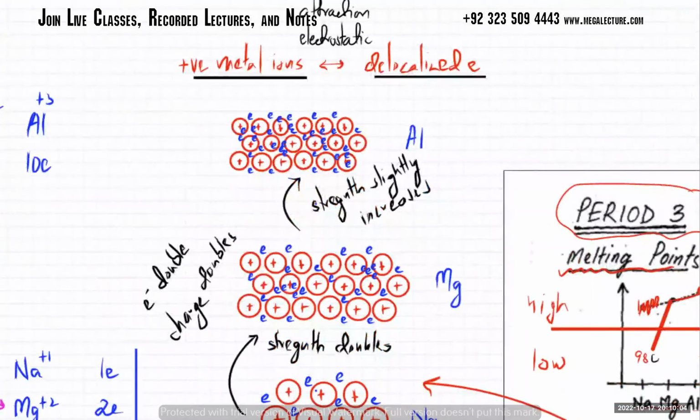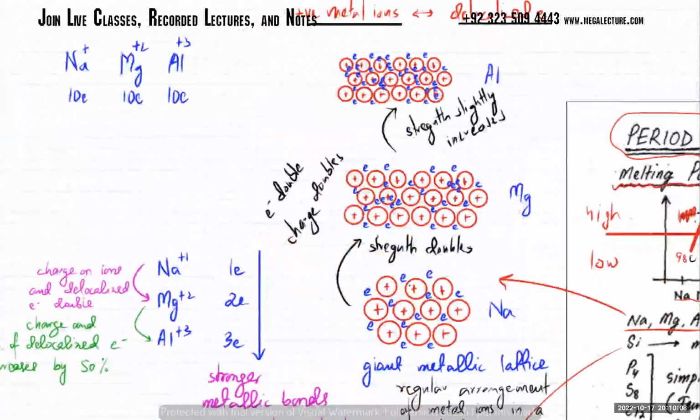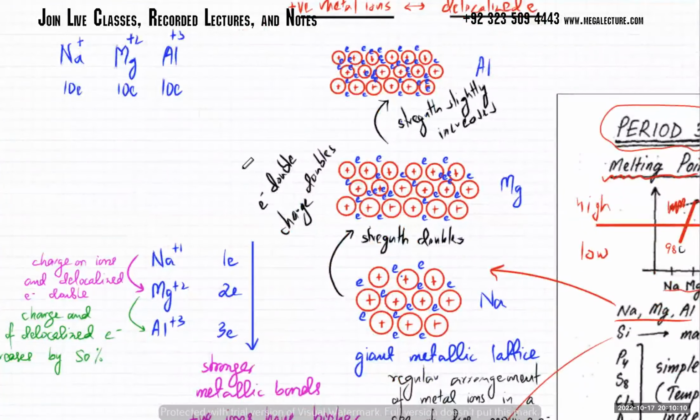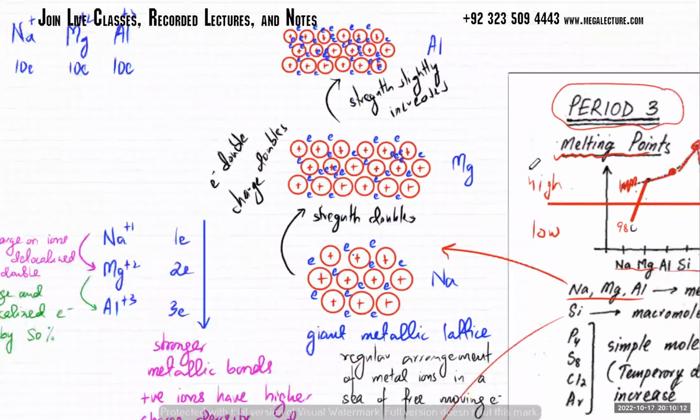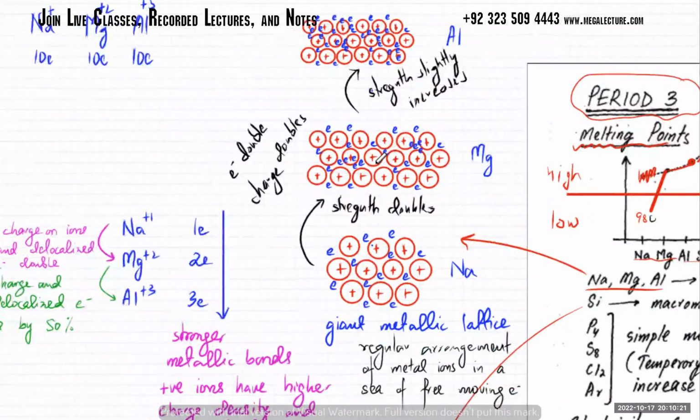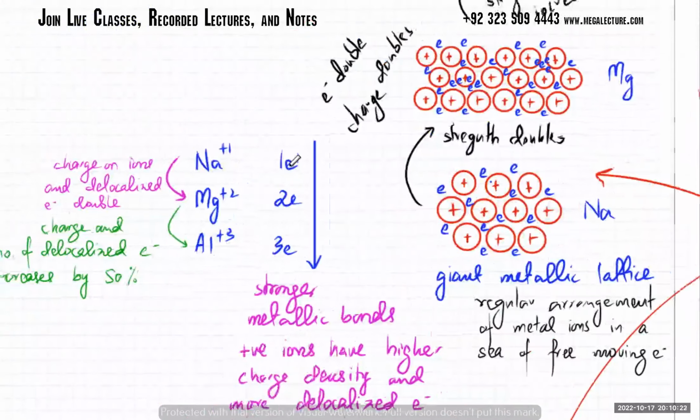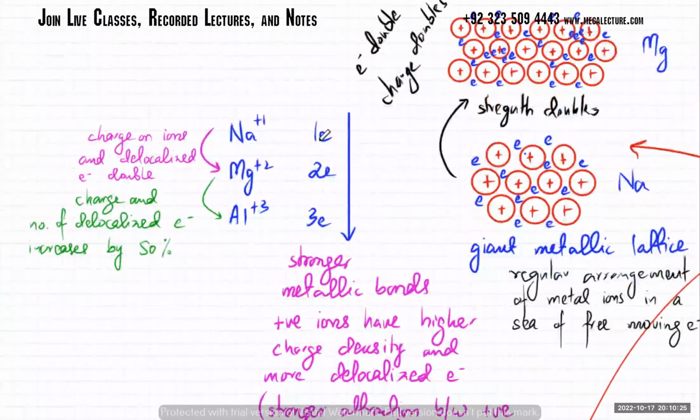Now, since there's an electrostatic force of attraction, why does magnesium have a higher melting point? Because the metallic bond is twice as strong. The reason is that when you go from sodium to magnesium to aluminum, 2 things are happening. You've got more delocalized electrons.